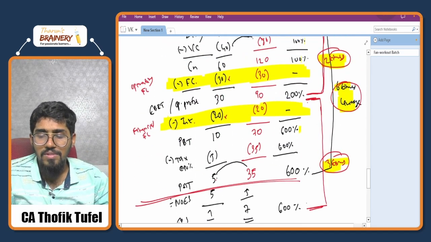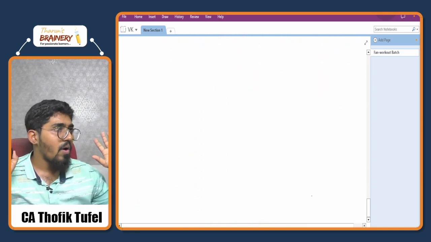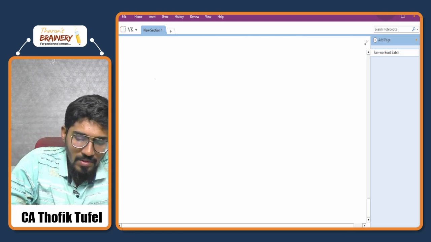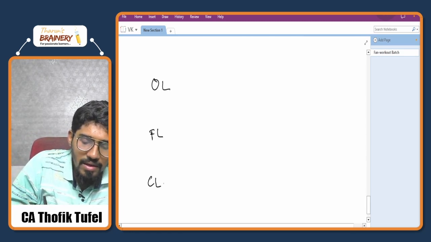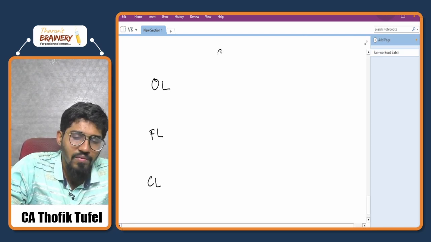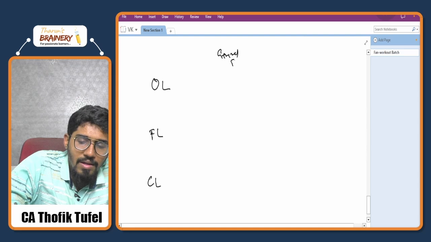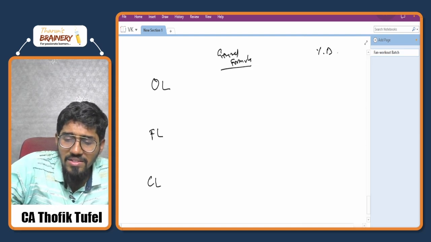Now I'm going to give you the formulas for operating leverage, financial leverage, and combined leverage. The first set is the general formula, and the next set is the percentage change formula.